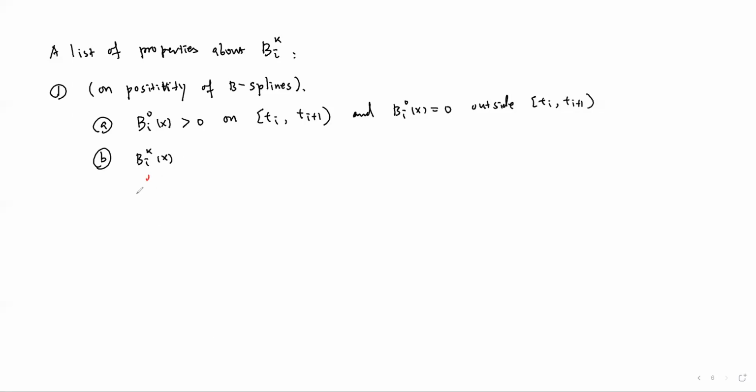Here k, I assume greater than 0. When k is greater than 0, then B_i,k is greater than 0 on this interval T_i to T_i plus k plus 1, and B_i,k is 0 outside this interval. In other words, this interval is the support of this function. So this property says that B-splines are non-negative functions.